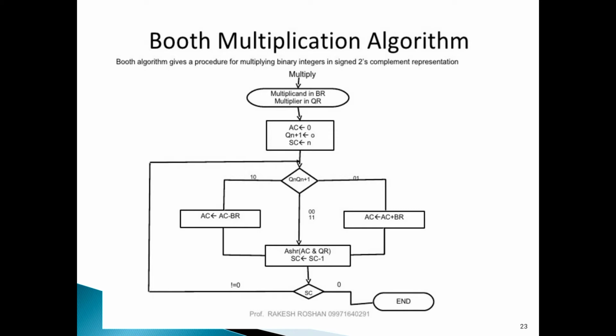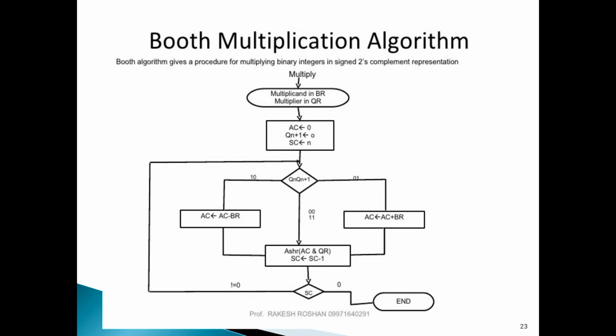After adding these two, perform shift right operation for AC and QR, decrement the sequence counter and check the sequence counter, right? So if it is 0, then go to end. If it is not equal to 0, again this process continues until sequence counter equals 0.